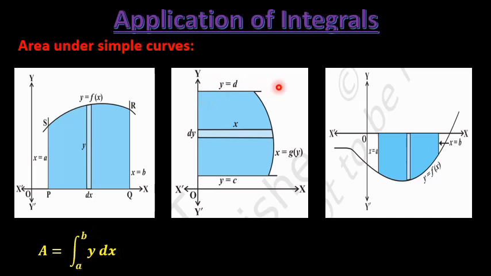But for the second diagram, the equation for the curve is in the function of y variable. In this case, we need to integrate along y-axis from y equals to c to d, taking horizontal strips, and the total area is given by integration from c to d of x dy.